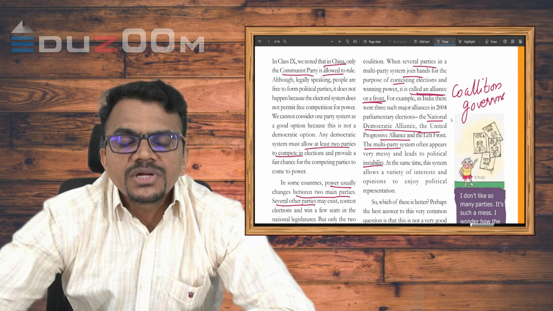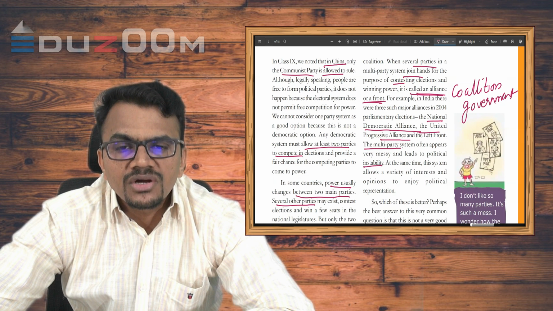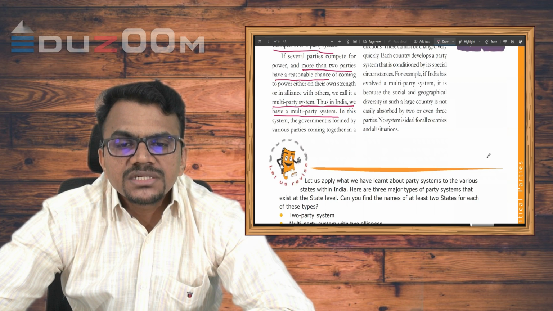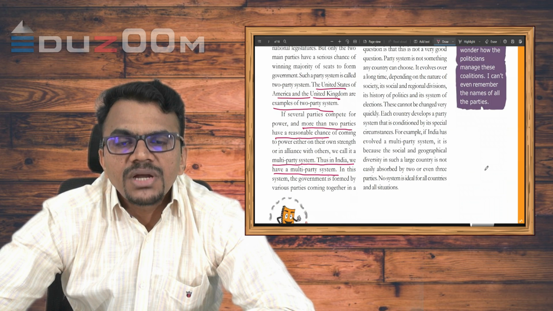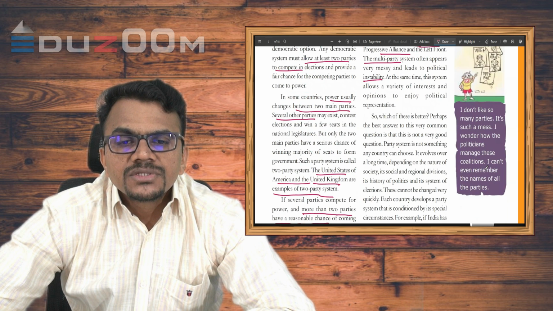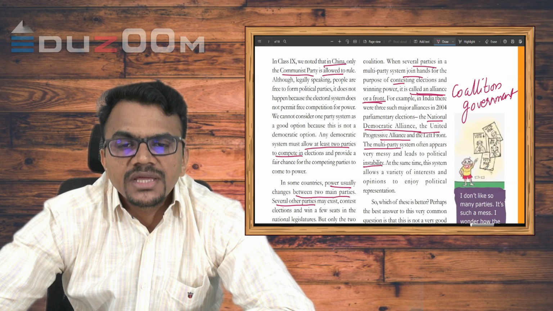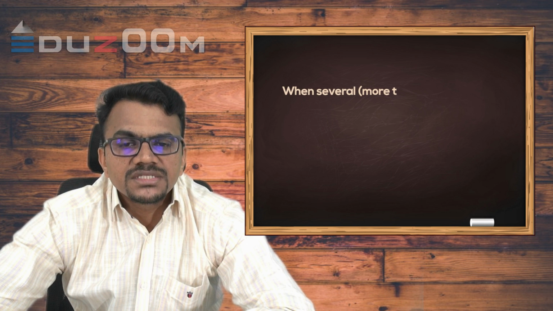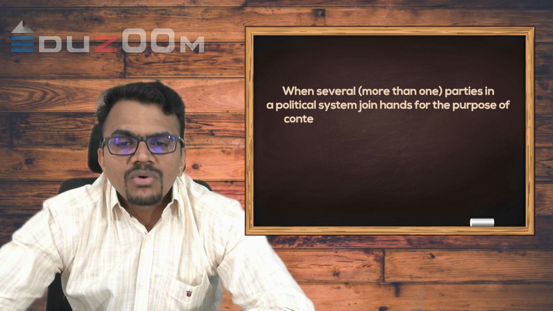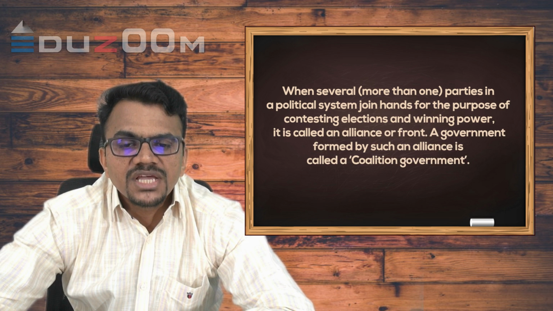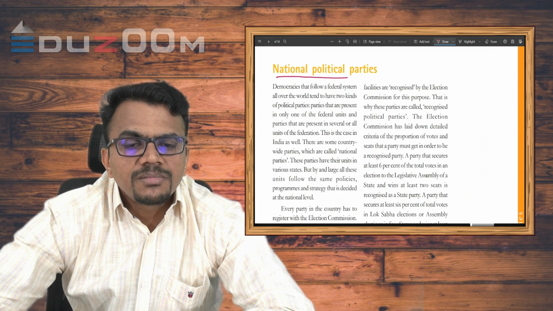So more than two political parties together form a government, which is called a coalition government, a trend which is happening in a multi-party system. So remember what is coalition government, and examples also may be asked, like UPA, United Progressive Alliance, and NDA, National Democratic Alliance. All these can be the examples you can write. So what is coalition and give examples can be a question for 2 marks, which is expected from that part.